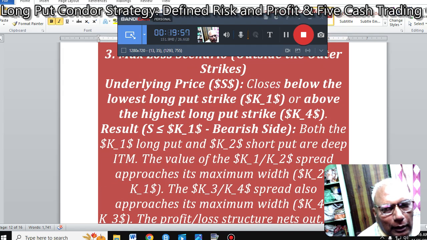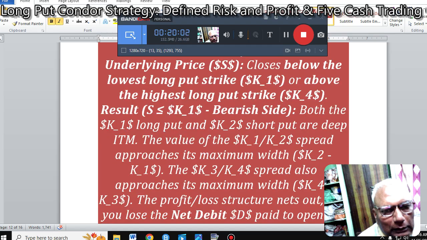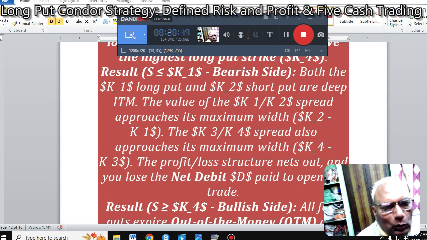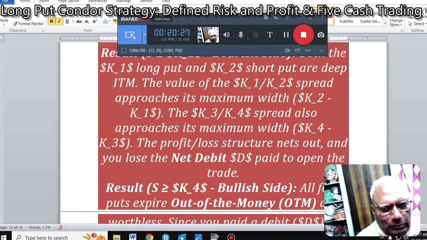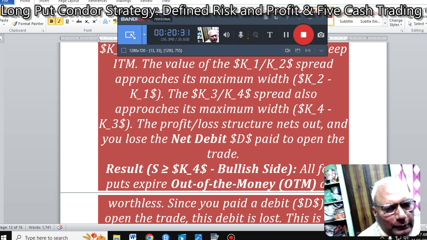Result: both the K1 long put and K2 short put are deep ITM, the value of the K1, K2 spread approaches its maximum width K2 minus K1. The K3, K4 spread also approaches its maximum width K4 minus K3.